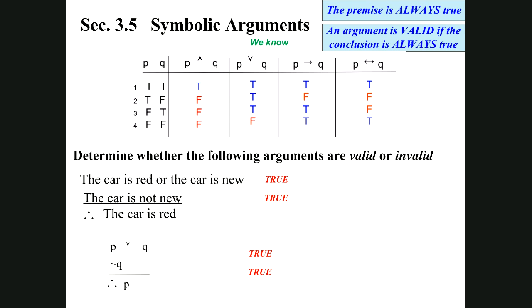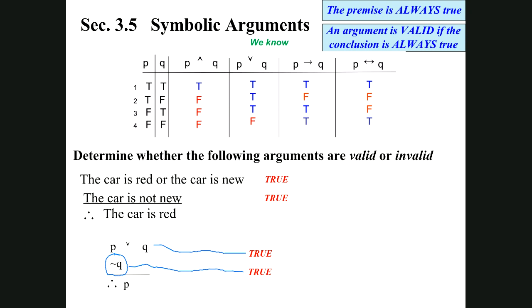And so now to see if this argument is valid, well, we have this single statement right here. And we ask ourselves, well, what is the truth value of not Q? Well, it's a premise, and we know that each of these premises are true.